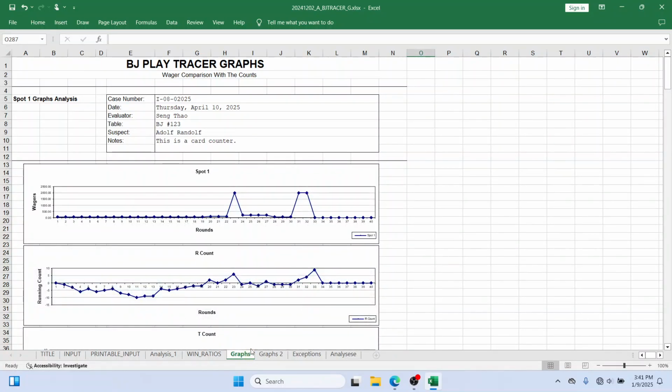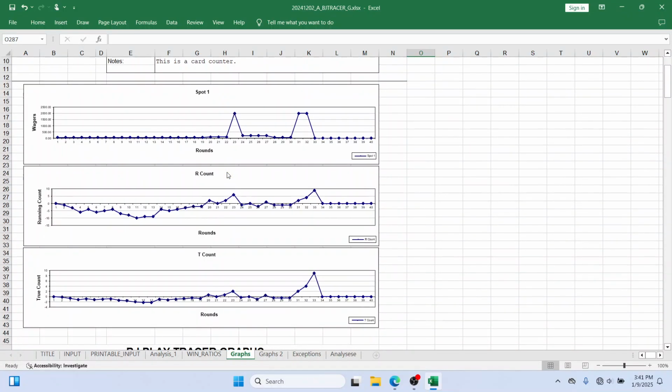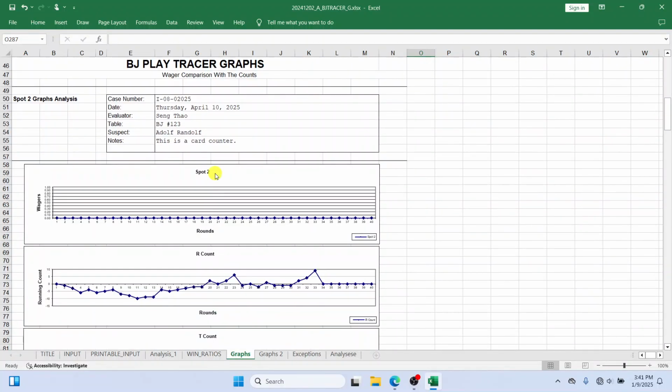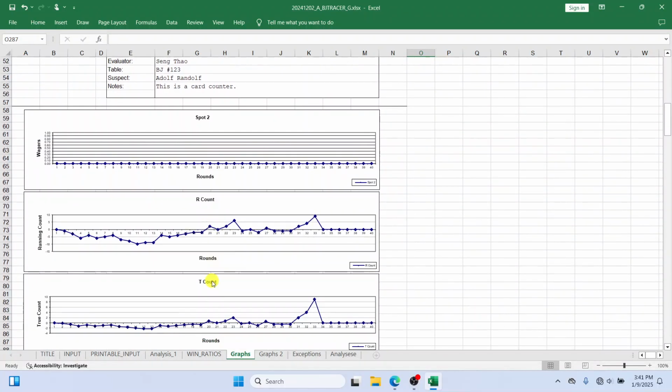On the original graph here, we'll look at spot number 1. It has the running count and true counts. Scroll down a little bit more, it'll be spot number 2, with running count and true count.